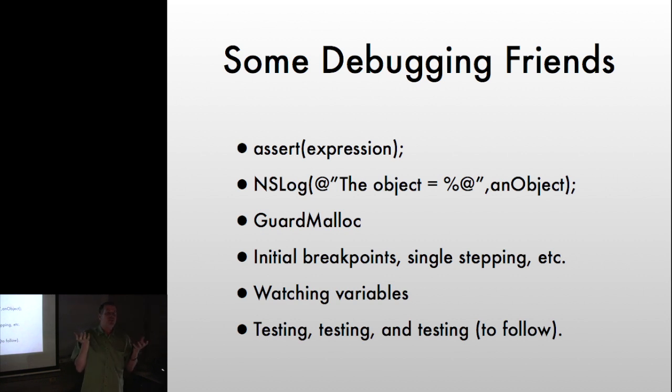But the bottom line is that the functionality is still the same. The assert functionality is the same no matter what type of assertion checking you're using. It's evaluate an expression. If it's false, break into the debugger or print out a diagnostic message.